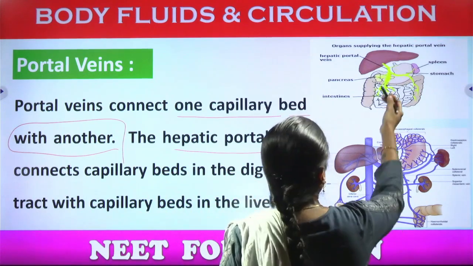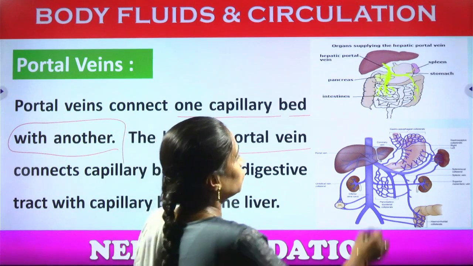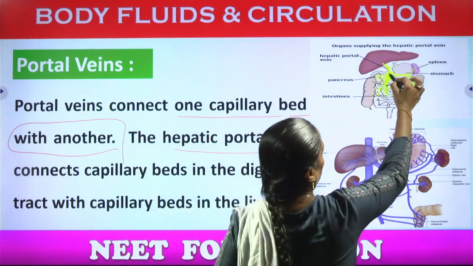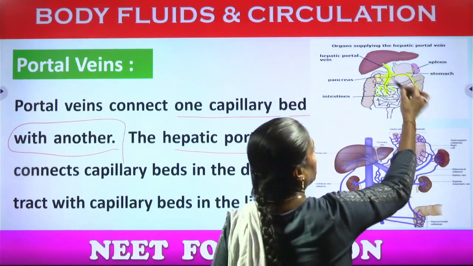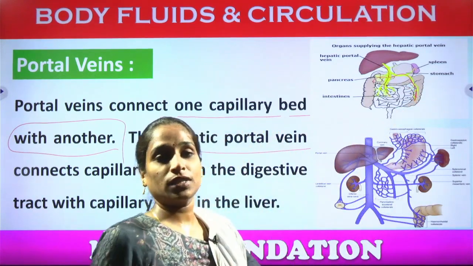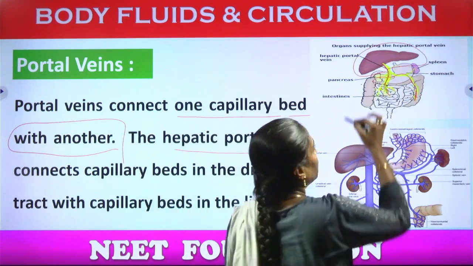Okay, so these are the structures, the portal veins and hepatic portal veins. These veins are related to the digestive system, you see. The digestive system sends the waste substances towards this vein and on to the liver.